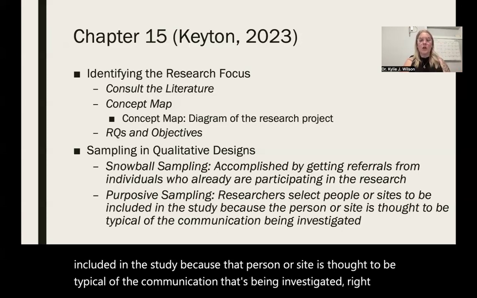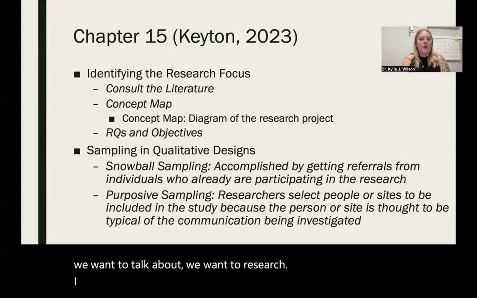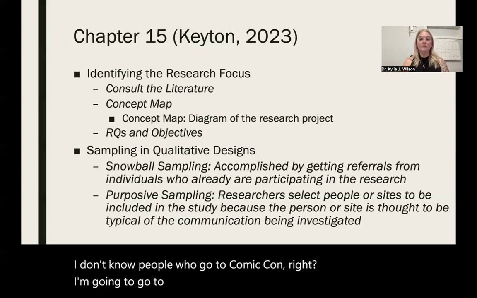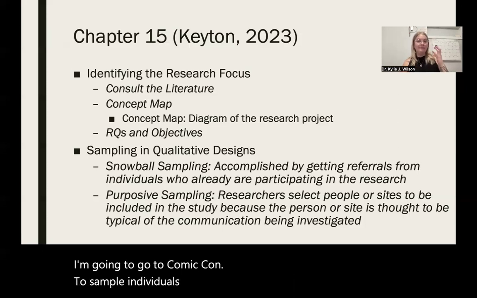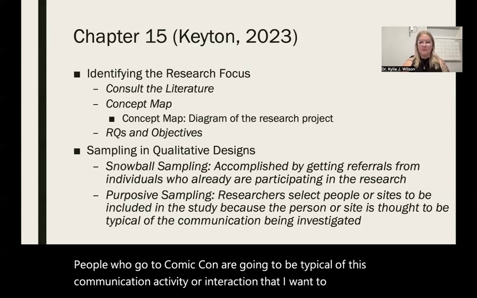So if we want to research, I don't know, people who go to Comic-Con, right? I'm going to go to Comic-Con to sample individuals because people who go to Comic-Con are going to be typical of this communication activity or interaction that I want to investigate. Okay.